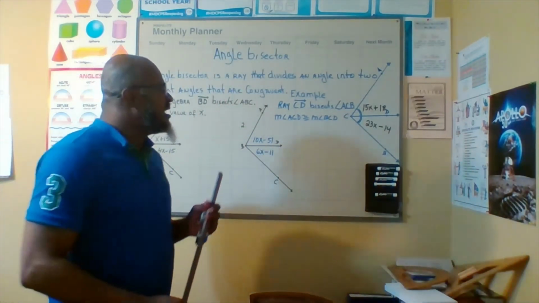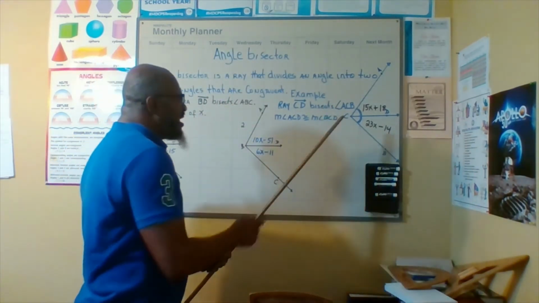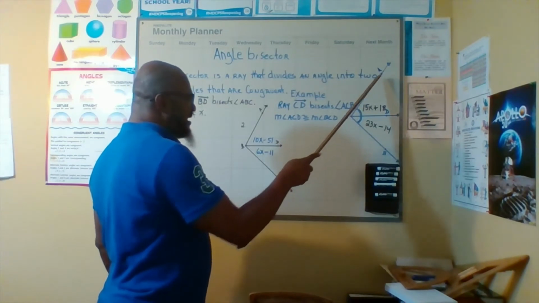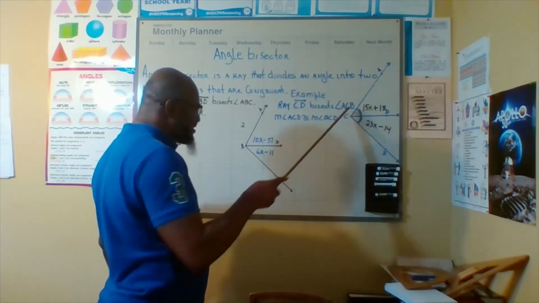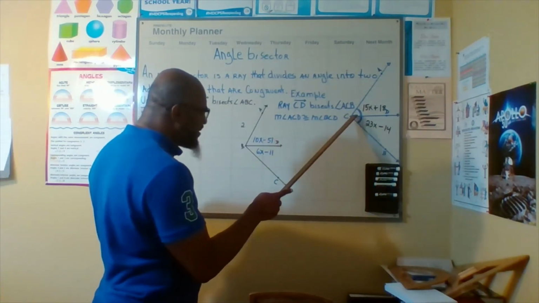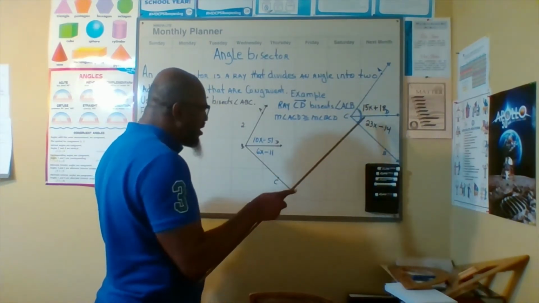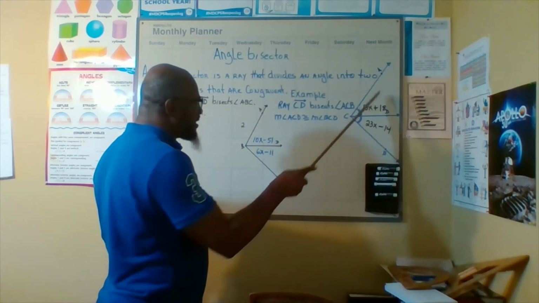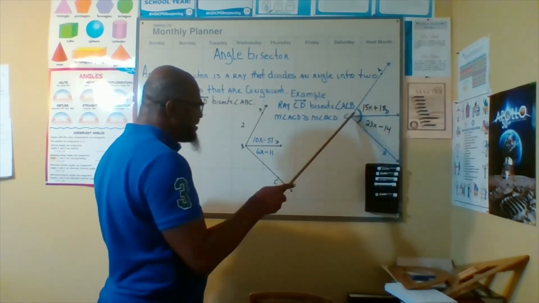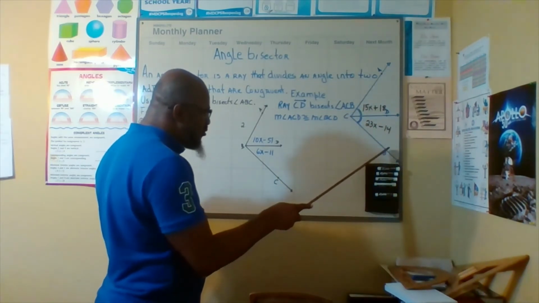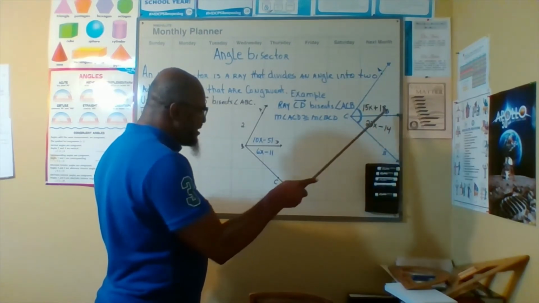Simple as that. In this example, you have angle ACB, the large angle, and you have the ray CD that divides it into two angles, right? Those two angles are congruent, meaning that ACD is congruent to BCD.